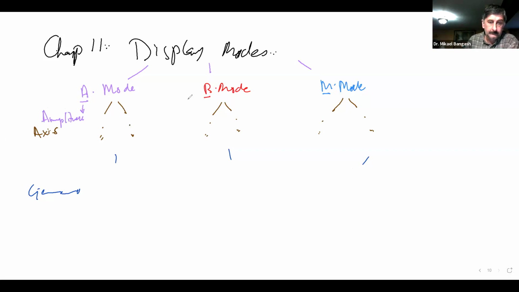B means brightness. But what you will see later on, or we're going to bring it up in this chapter, is that this brightness is actually also going to represent amplitude.